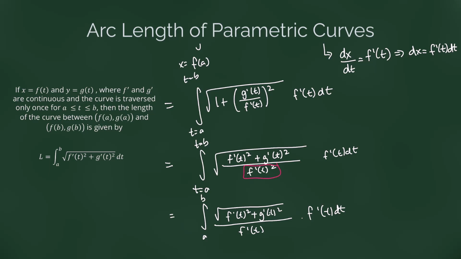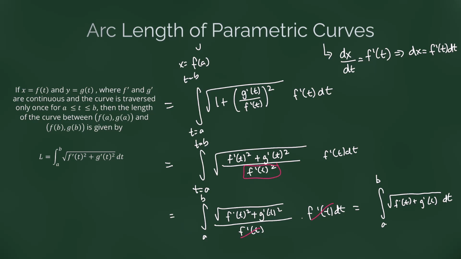And now we can see that these f prime of t's cancel, and we do in fact get the exact formula that we started with, the integral from a to b of the square root of f prime of t squared plus g prime of t squared dt. And so, without passing back through an unparameterized curve, we can now find the arc length of a parameterized curve.